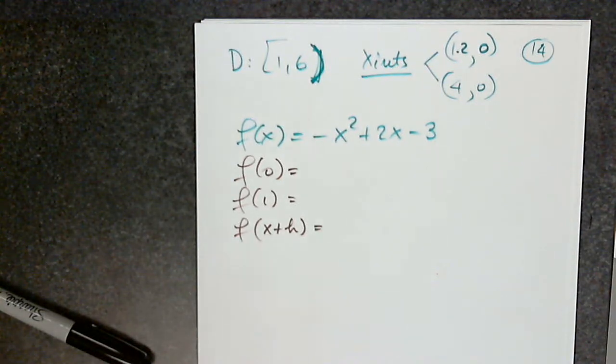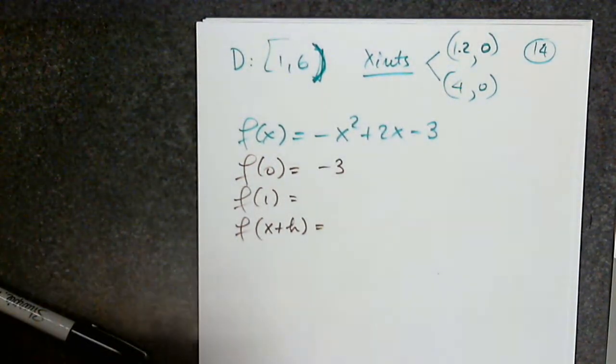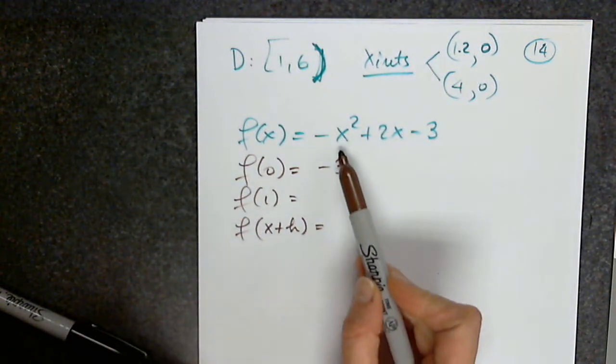How much is f of 0? Perfect. How much is f of 1? So negative 1.